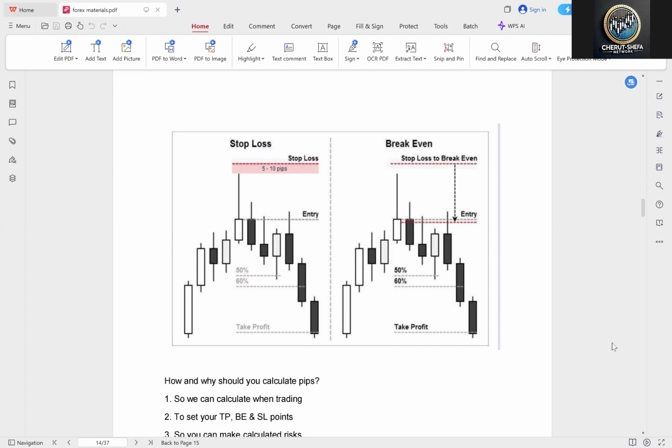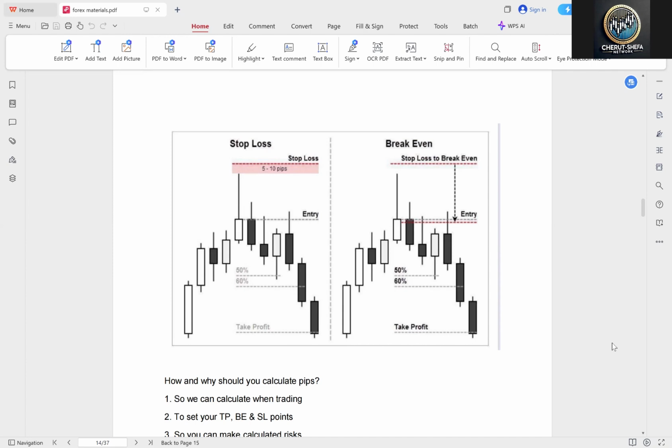That is break even. So how do you set your break even successfully or in a very good way that could still give you good profits? Ensure that before you set your break even, the trade has moved 50% or 60% into profit.